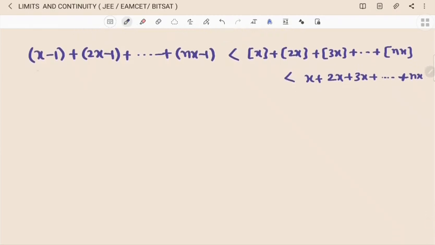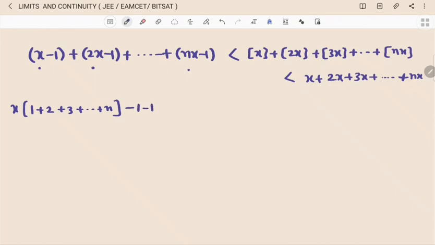So here x, 2x and so on nx. From this I am taking x common, and the rest of the terms 1 plus 2 plus 3 plus and so on n, minus 1 minus 1 minus 1 and so on n times will be there.